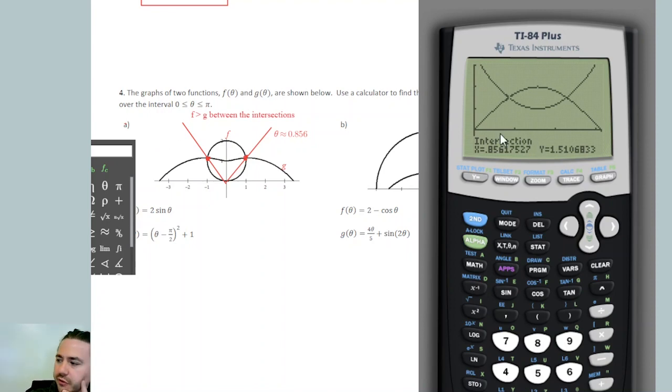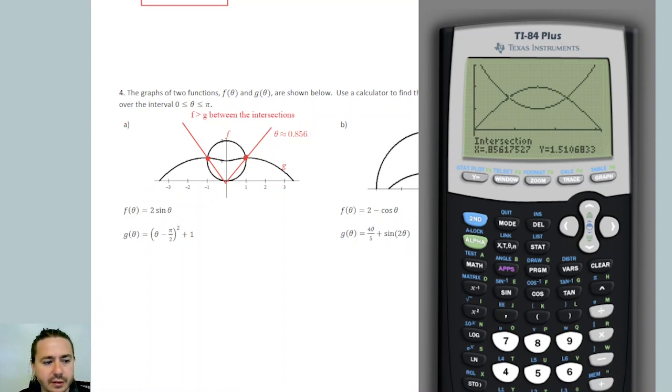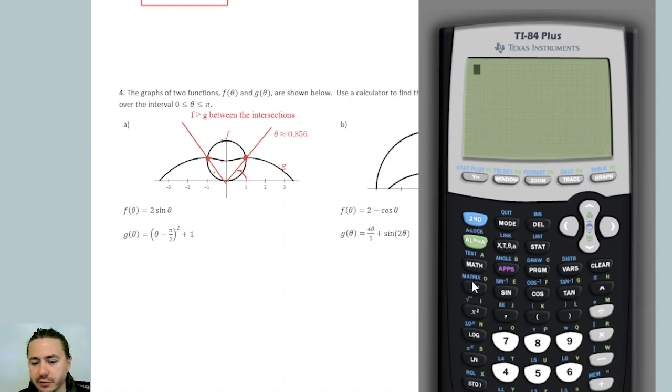Now you could go through this intersection function again, or you could just subtract this from pi, right? Because this angle measure right here and this one are congruent. So if I take pi minus what I get over here, that should give me the other angle measure. And it looks like it's going to be like 2 point something. So if I get something like 2 point something, I should be pretty confident that that's right.